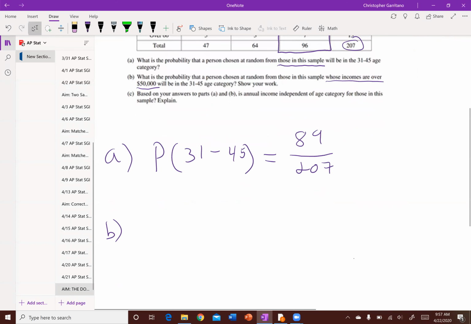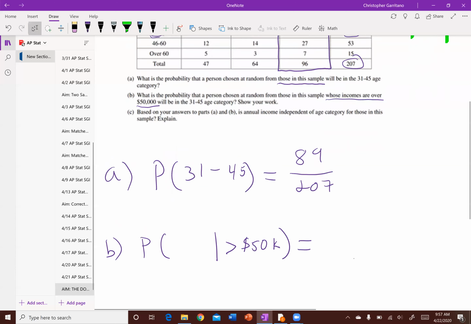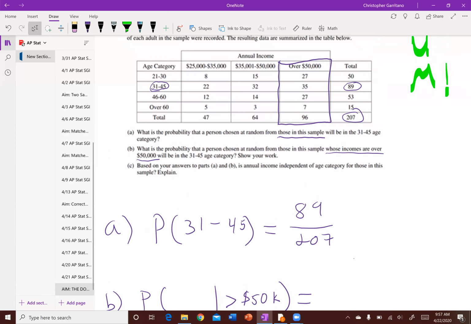So that is a conditional probability. Okay, the condition, which is the notation that comes after this vertical line, is we have to have income over 50,000. Well, what is it that we're looking for? We're looking for the people in that category that will be in the 31 to 45 age category.